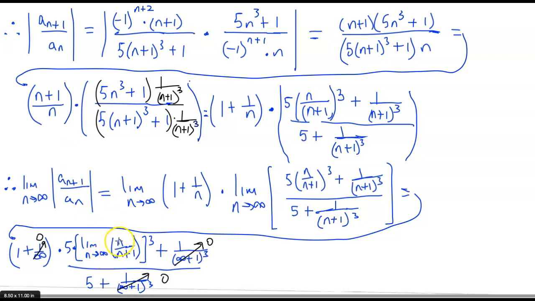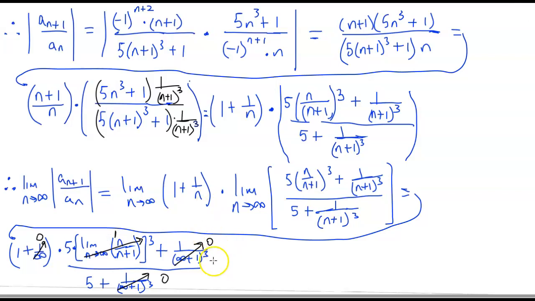Here, if we were to stick in infinities for both of the n's, we would basically have infinity over infinity. And if we did L'Hopital's rule with the n over n plus 1, then the derivative of both of those is just 1. So the limit of n divided by n plus 1 would just end up being 1 there. Okay.